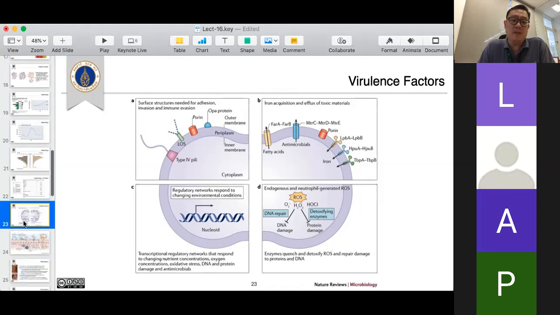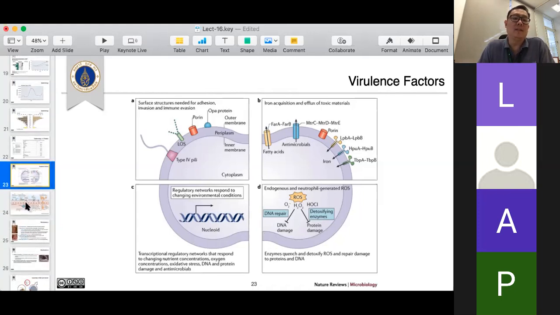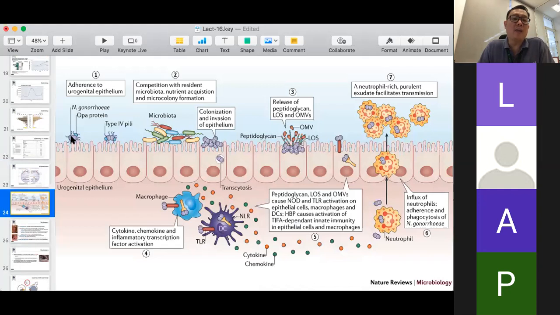Neisseria is an intracellular bacterium. Neisseria can probably be normal flora for the vagina and also for the throat. We find Neisseria in the throat and it infects the vagina through heterosexual and homosexual contact. Neisseria uses pili and machinery to attach to epithelial cells.